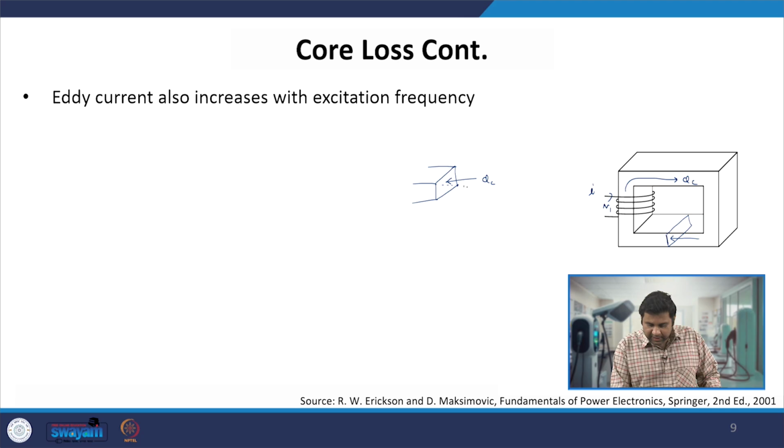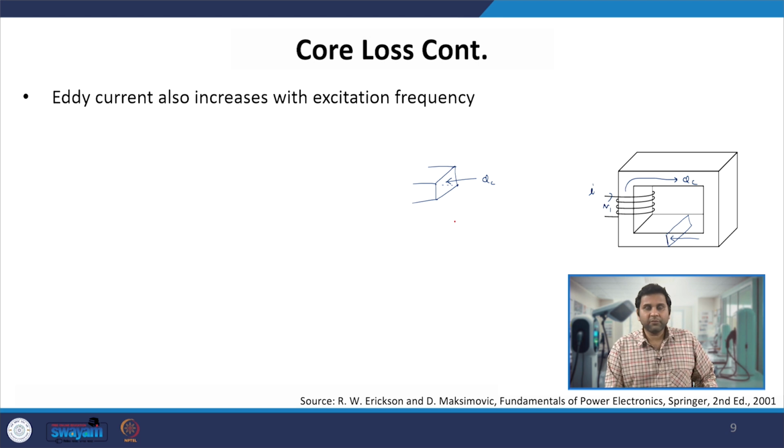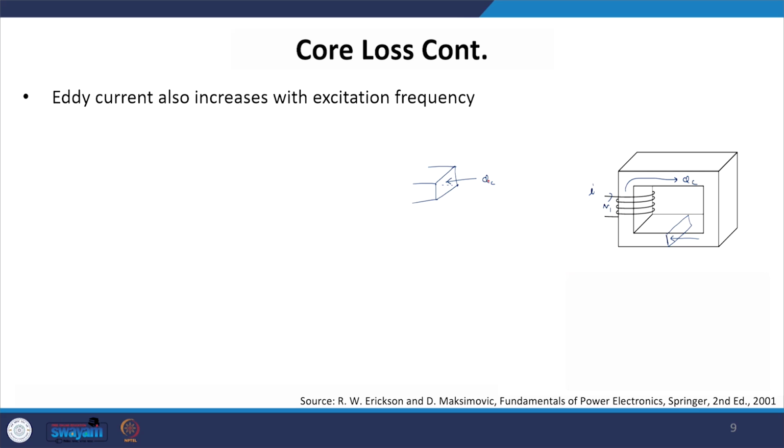Now because of this flux going into this cross sectional area, there will be voltage induced, and because of that induced voltage there will be current flowing through this area, and that current will be such that it opposes the cause due to which it gets induced, and the cause is nothing but the varying flux going into the area.